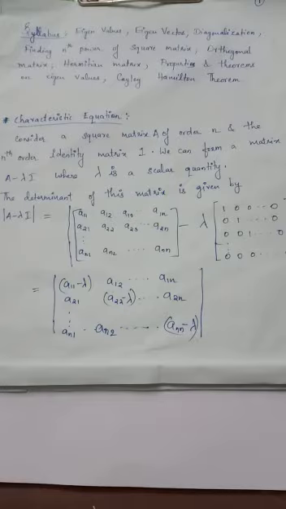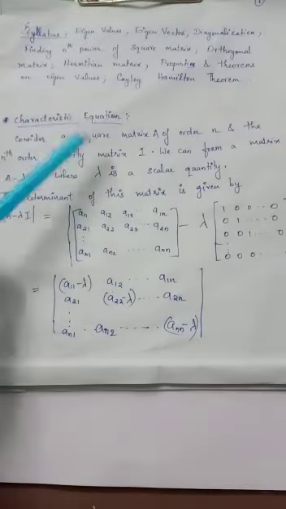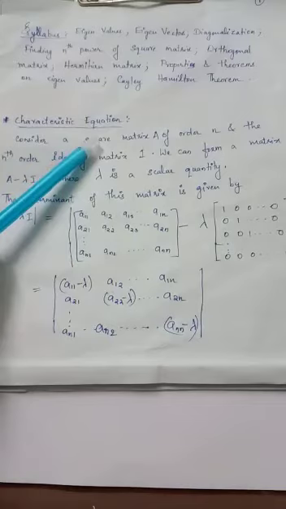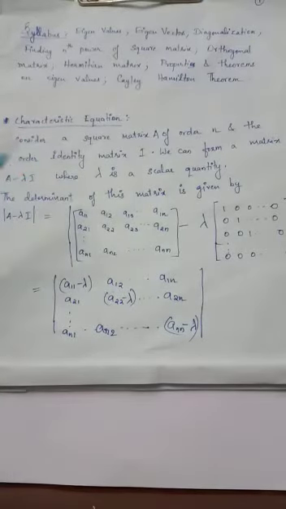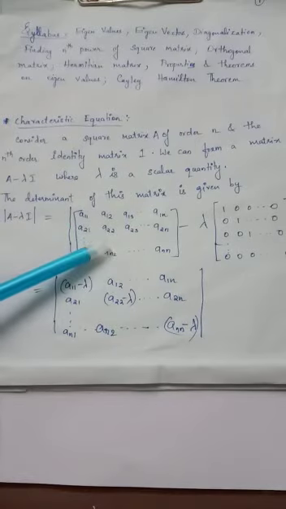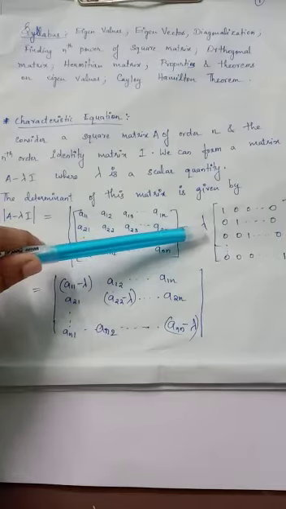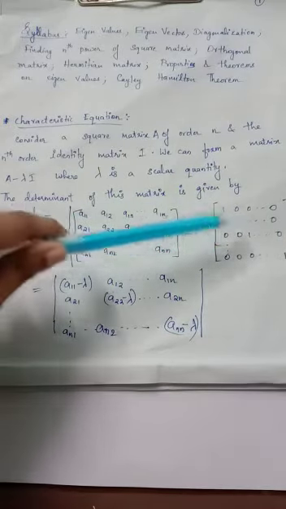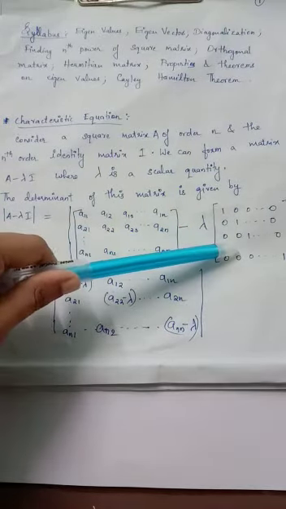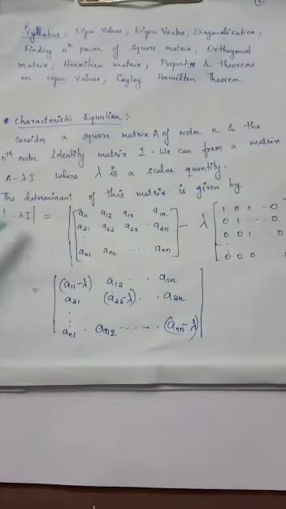To begin with, let's start with the concept of characteristic equation. For that, first we consider a square matrix A of order n and an identity matrix I, also a scalar quantity lambda. This is the nth order square matrix and the scalar quantity lambda, which will be unknown to us in the questions we practice, which is multiplied to the nth order identity matrix, and the determinant of this particular matrix is evaluated.